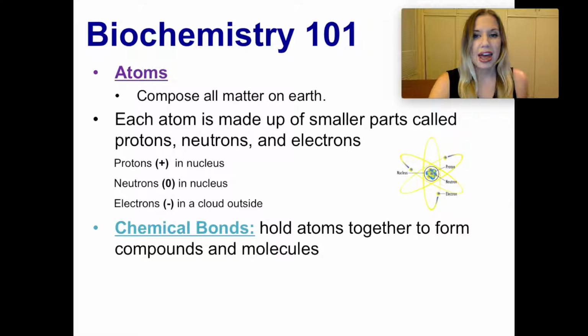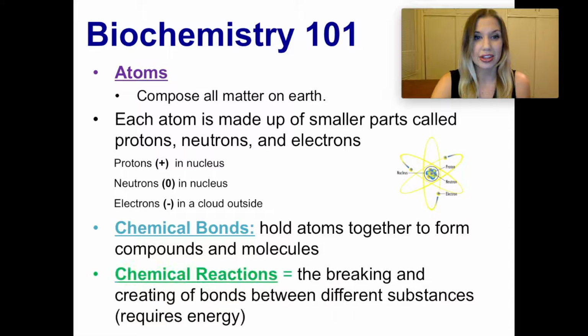And so, atoms are held together through a process called chemical bonding. This is how we form compounds and molecules. Think of it like molecular glue holding things together.